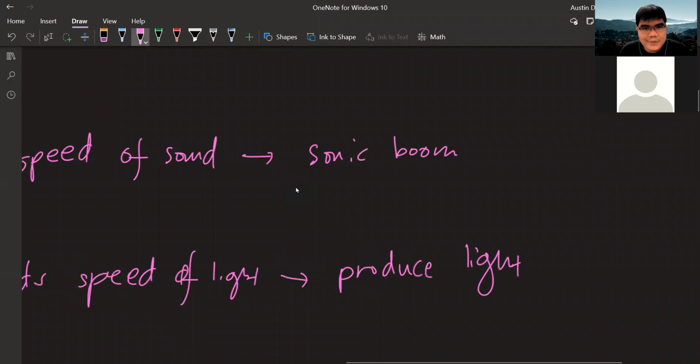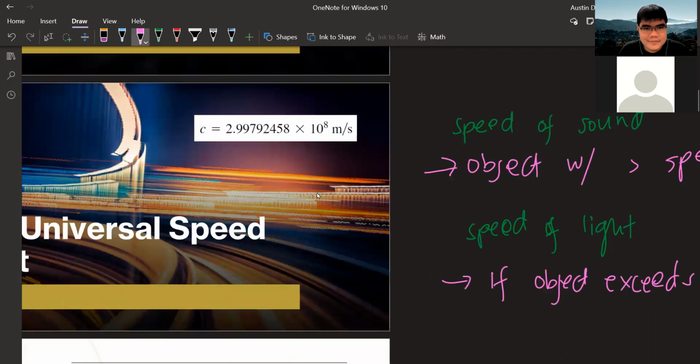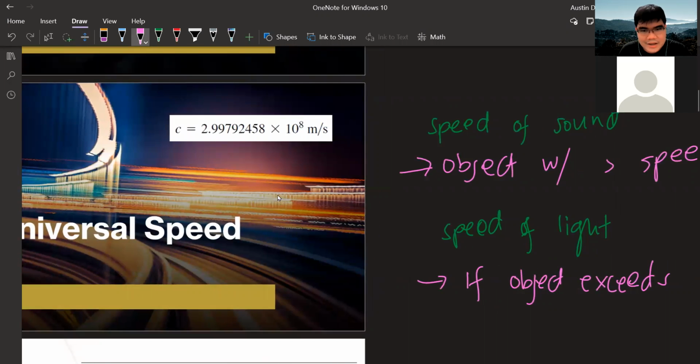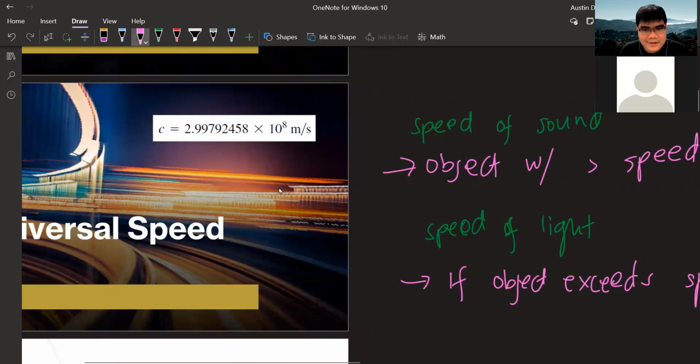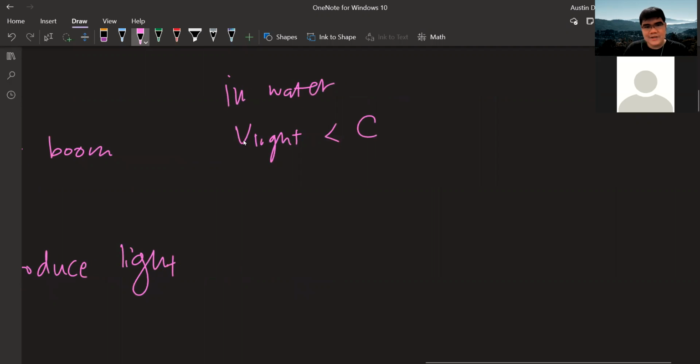And then, if you have something in the water that is going beyond that speed of light. Okay, kunyari, in water, V light is less than c. Okay? So, yung velocity ng light in water is less than c.